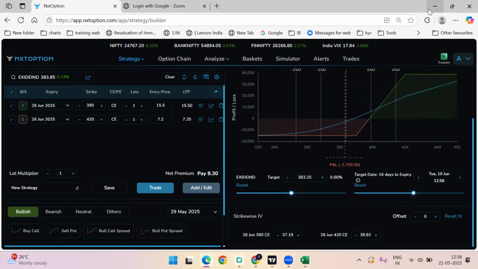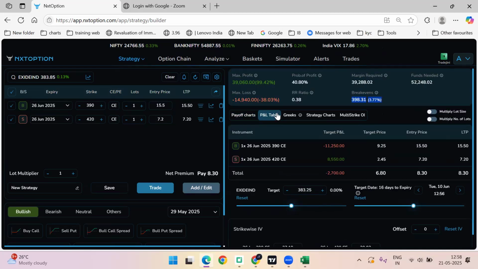Now, if I want to see all this analysis, I can directly see here that due to delta and vega factor, the 390 call option, if the price goes to 420, you can see here on a real time basis, it's changing. So I'm expecting the price to go to 420 on 10th June.